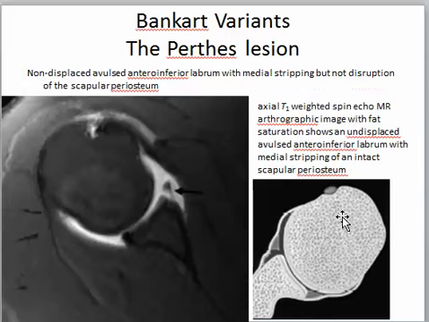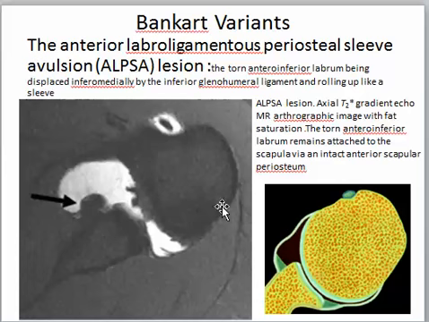Again, this is Perthes, it's only an anteroinferior labral tear without displacement. And this one is a displaced labral tear, which should be here but comes down. That means the periosteum is sleeved, or the periosteum is avulsed.